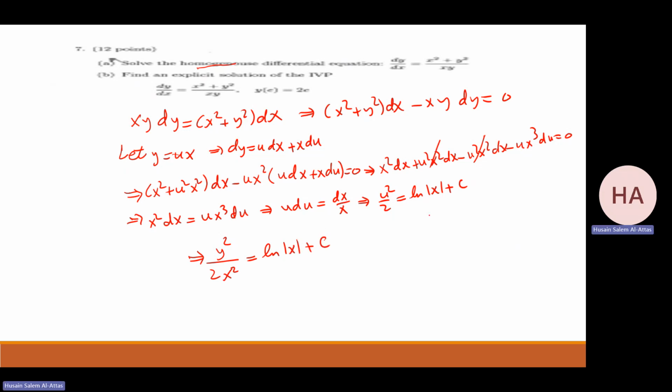Now substitute y at e equal to 2e. x is e, y is 2e. So I have what? 4e squared over 2e squared equal ln e plus c.